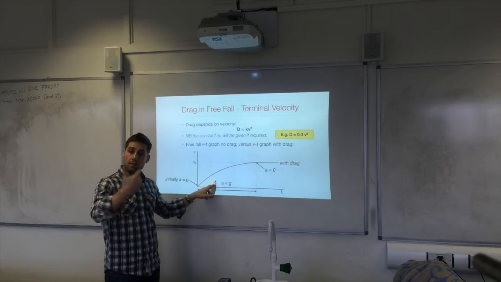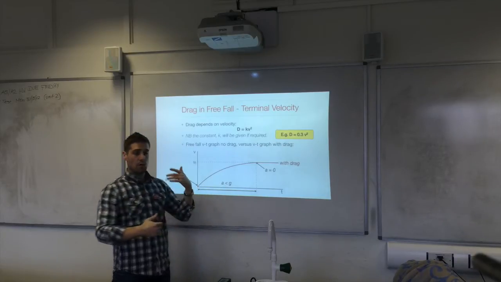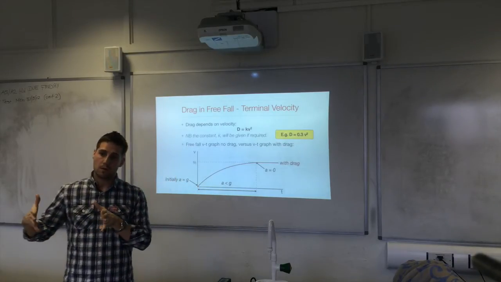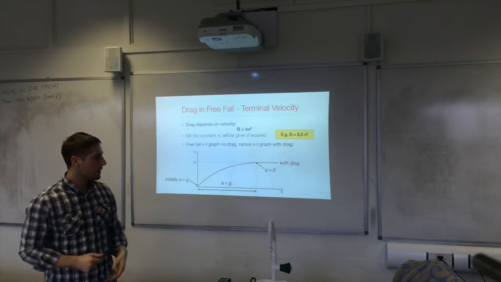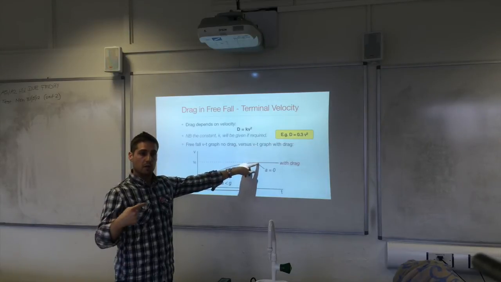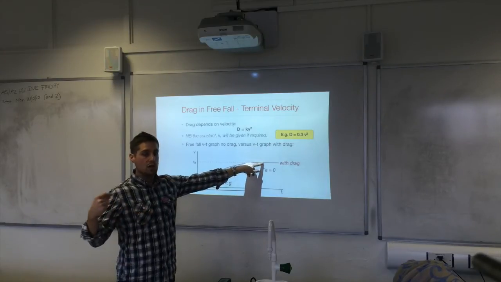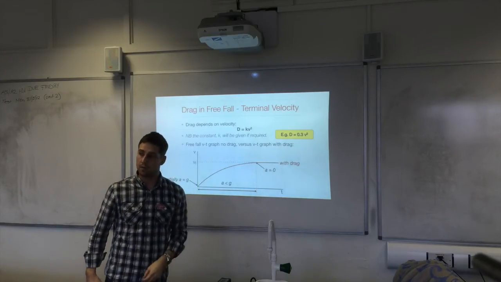But some of it is also being converted into heat, so you have more and more being converted to heat as you get faster and the drag force gets larger, until eventually you don't have any GPE to kinetic energy conversion. You have a GPE to heat energy conversion taking place when you're at terminal velocity.